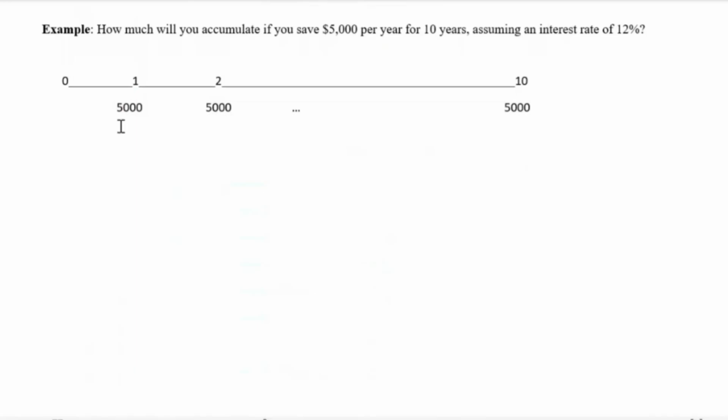So my question is, if you save $5,000 every year for the next 10 years, how much do you accumulate at the end of 10 years? Of course, the answer depends on the interest rate. Here we assume an interest rate of 12%. So the answer to this question is the future value annuity concept. In this case, there are 10 cash flows, so it's the future value of a 10-period annuity. So can we figure out how much?